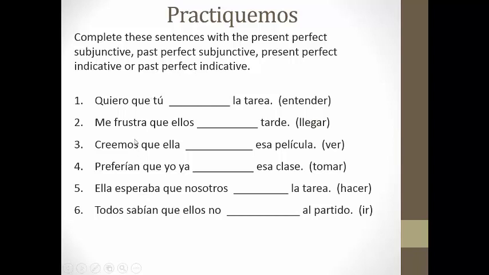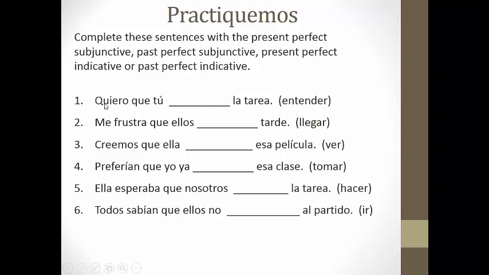Okay, I tried to keep it a little bit easier for you. The first 3 are all present tense sentences, so you're either going to be using present perfect subjunctive or present perfect indicative. And then the bottom 3, I put them all in the past, so that means you either need past perfect subjunctive or past perfect indicative. We'll do number 1 together to get you started, and then I'd like you to pause.